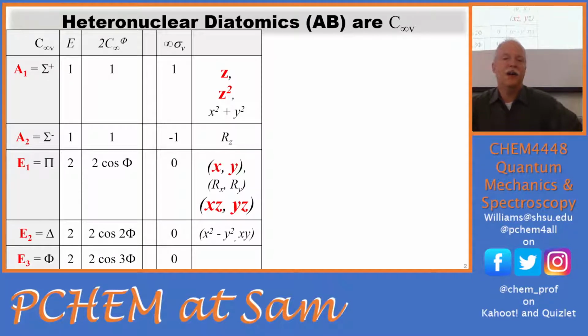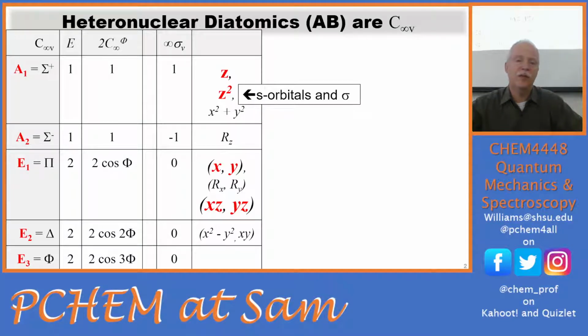We can classify our different atomic wave functions or orbitals and our molecular orbitals with these different things. So the s orbitals and sigma bonds are z squared. So it's kind of nice, since we know exactly what kind of molecules we're dealing with. We know these symmetries are automatic.